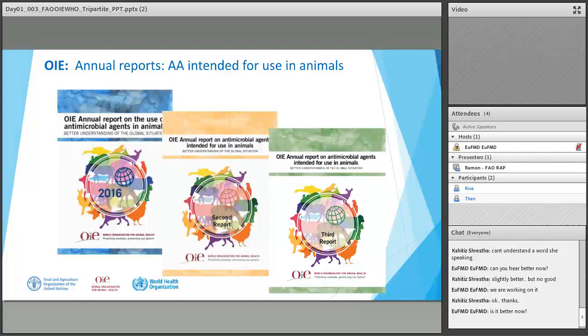We know that AMR is supposed to have a link with the usage of antibiotics. We say that underdosing, overdosing, and indiscriminate use are linked to AMR. So this will give some idea of how the countries are using antibiotics in animal health.